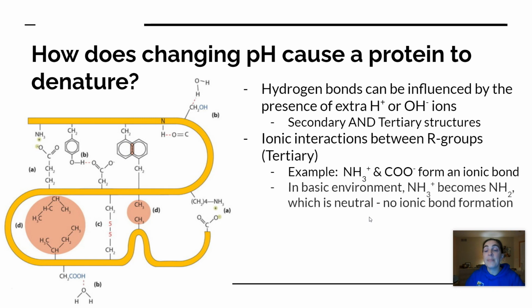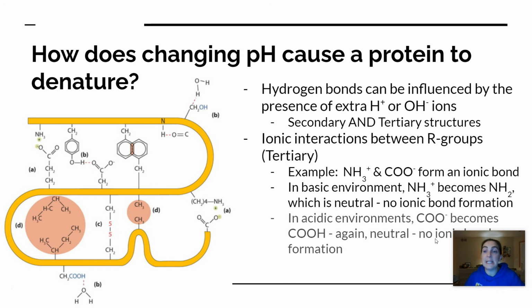But if the environment becomes basic, which means, again, that there are more hydroxides in the environment, then that NH3 is going to lose one of those hydrogens and become NH2, which is no longer charged, so it won't form an ionic bond. The opposite would happen in an acidic environment.